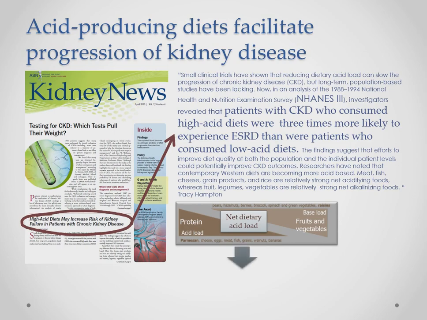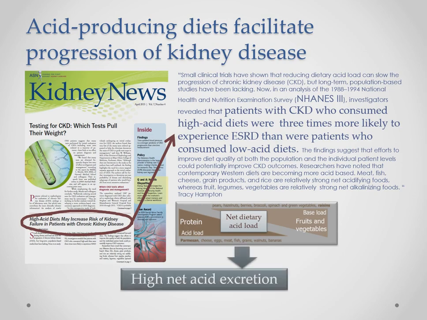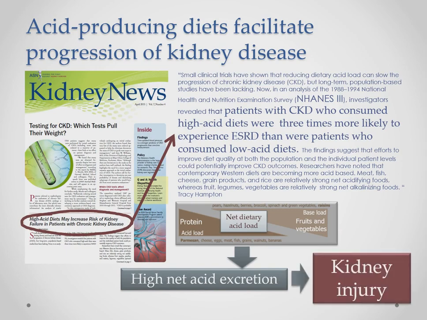Now, the kidney has to excrete this load all the time, and it turned out that this perpetual acid excretion of high acid load, which we find in our notoriously bad Western-type diet, actually causes kidney injury. And so we also have animal models in which we study this incompletely understood mechanism.